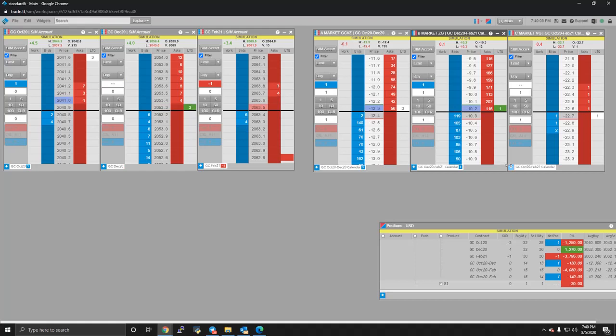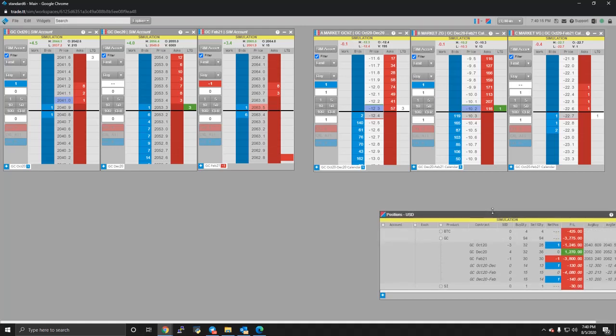So if you see what I've done here, let's widen this. So what I just did is I bought the A market and I bought the B market, and if you come down to my position windows, I bought the OCC-DEIS spread, which is the VZ spread A market, and I bought the DEIS-FEB spread, which is the B market here. And if you look at my outright positions, OCC, I'm long one, and February I am short one.